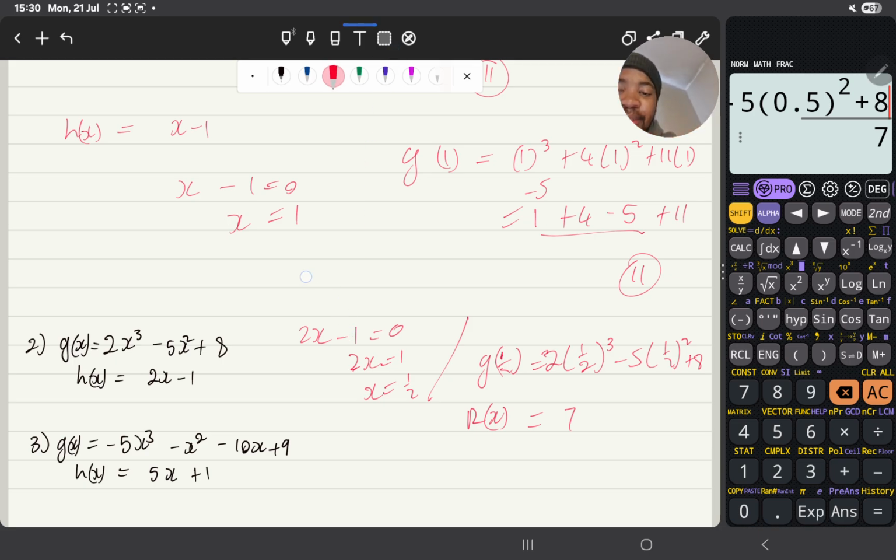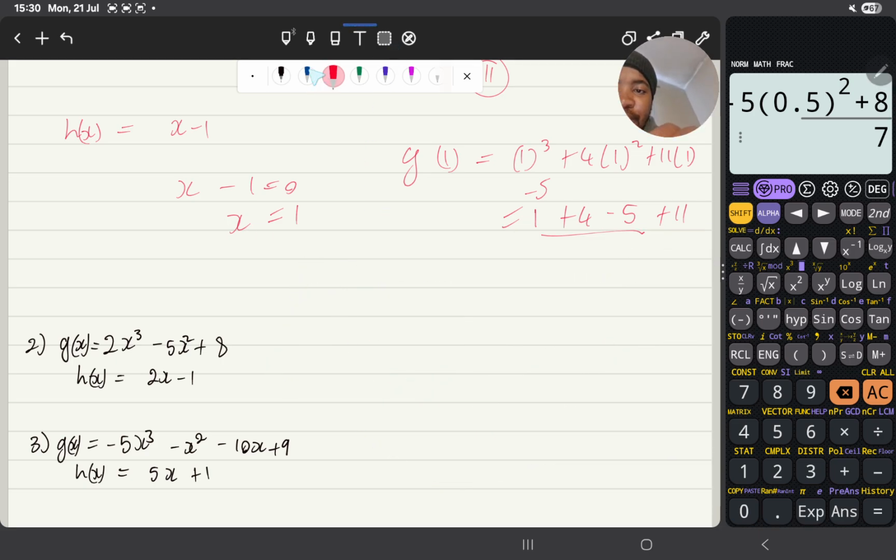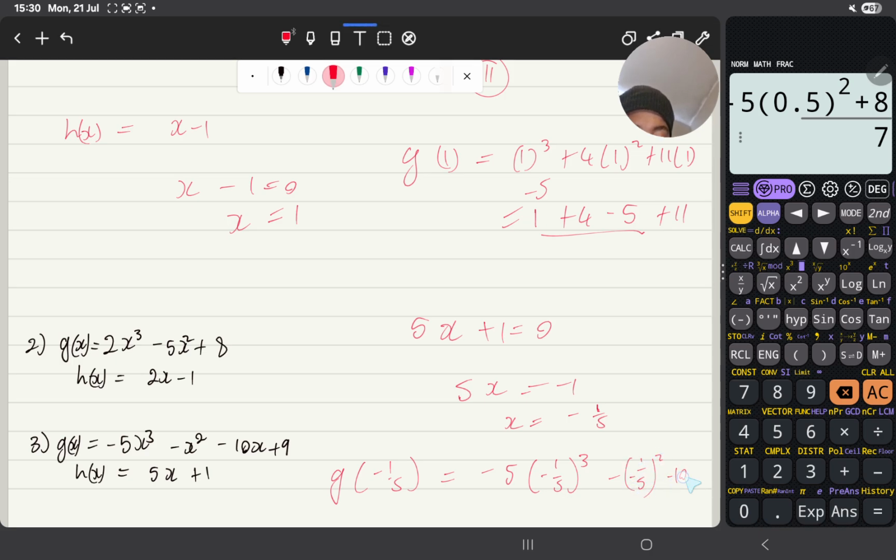The same is true for number 3. First things first, 5x minus 1, so x equals minus 1 over 5. And then you find g of minus 1 over 5. Plus 9, we get how much?